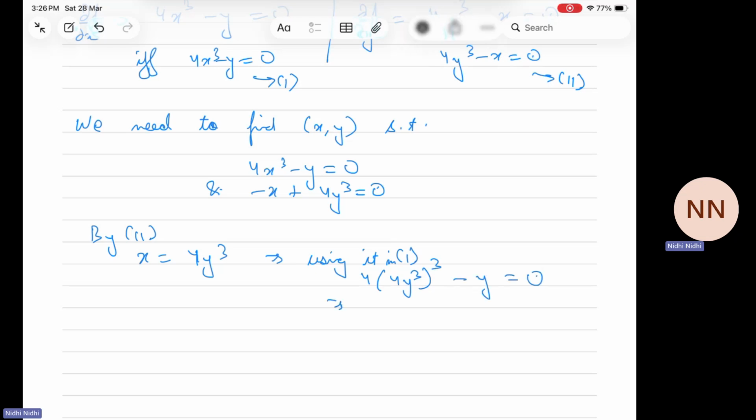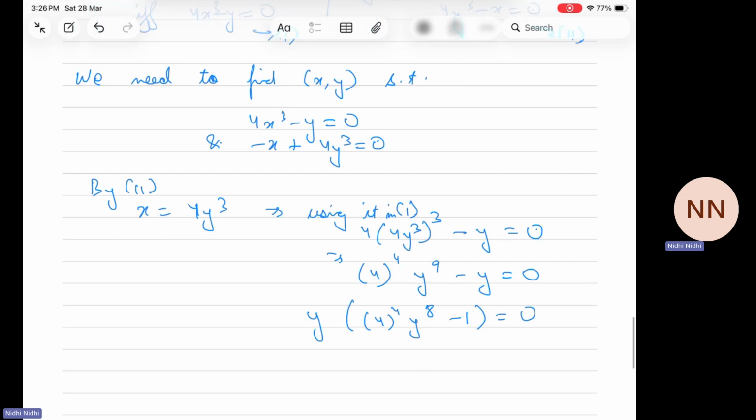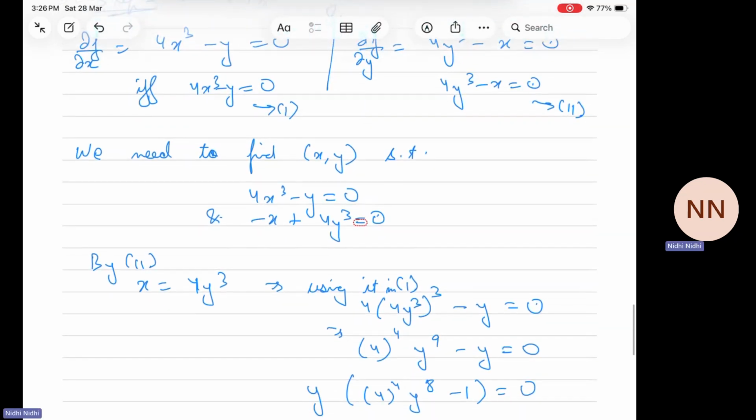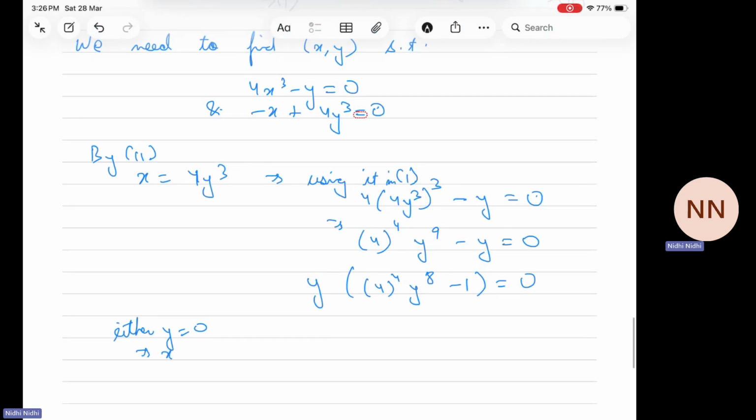So from here we get 4 to the power 4, y to the power 9 minus y equals 0. That is, y times (4 to the power 4, y to the power 8 minus 1) equals 0. That means either y equals 0, and then by the first and second equations x should also be equal to 0, or the other factor is zero. So one of the critical points is the origin.